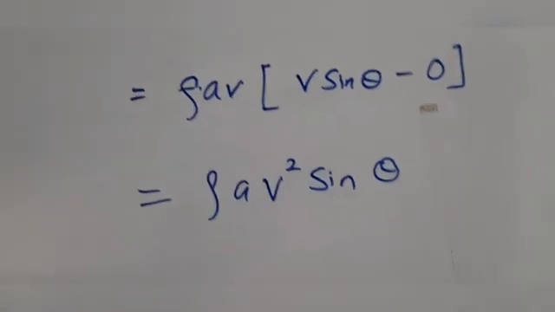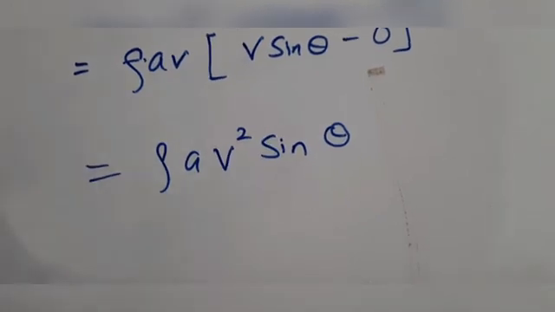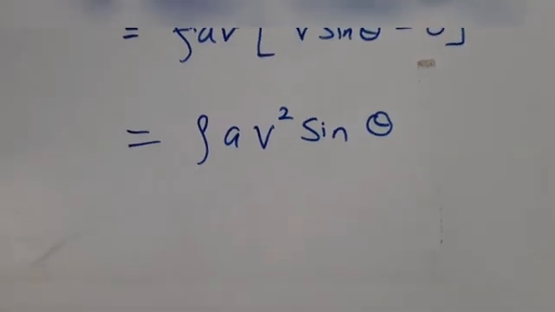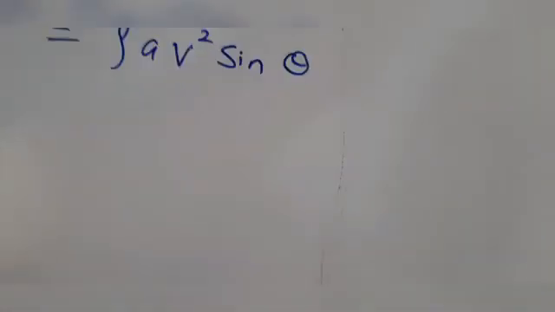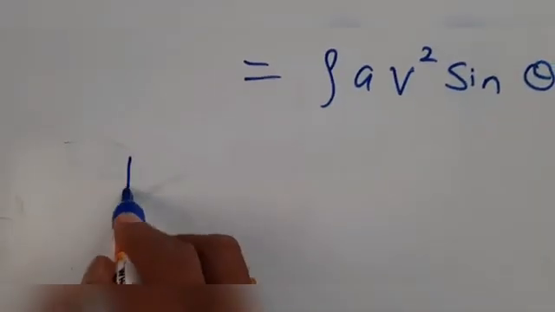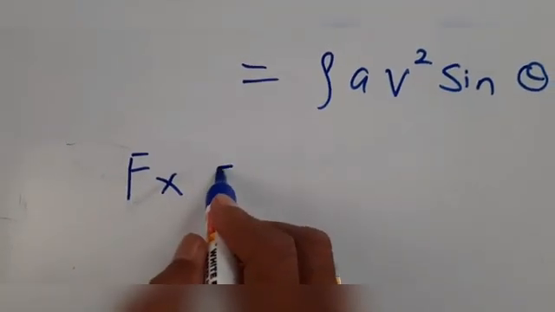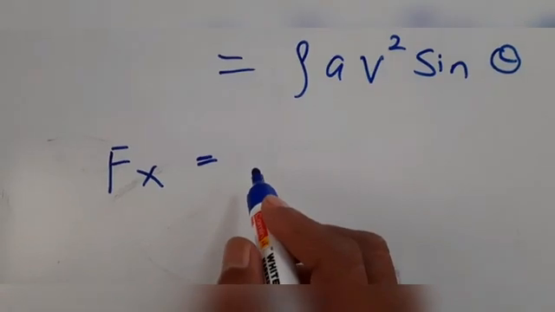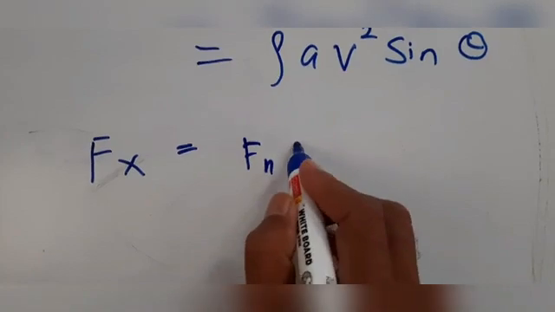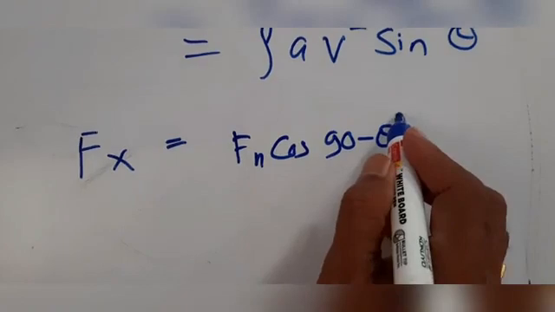This force can be resolved into two components, one in the direction of the jet and the other perpendicular to the direction of flow. Then we have Fx equal to the component of Fn in the direction of flow, that is Fn cos of 90 minus theta.